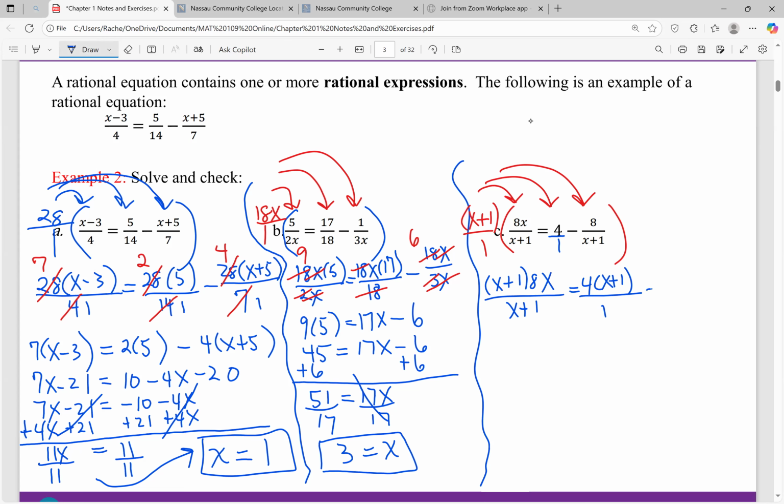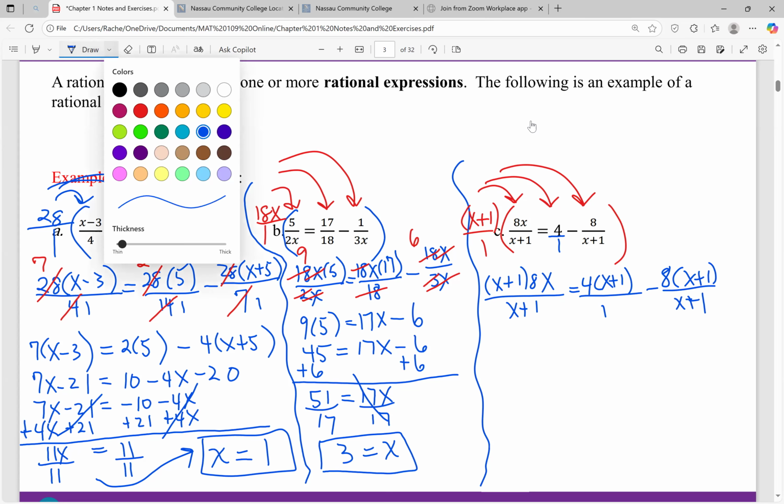And then minus x plus 1 times 8, or 8 times x plus 1, over 1 times x plus 1. Now we can go through and reduce by common factors, and we're not going to be left with fractions, and that's the goal of this.